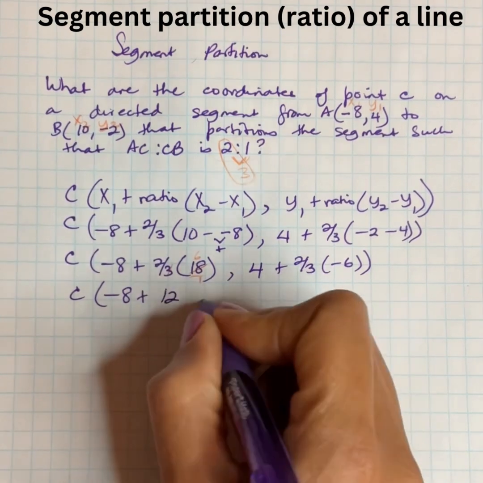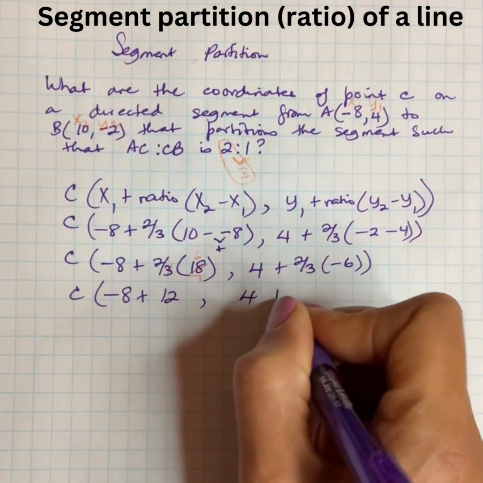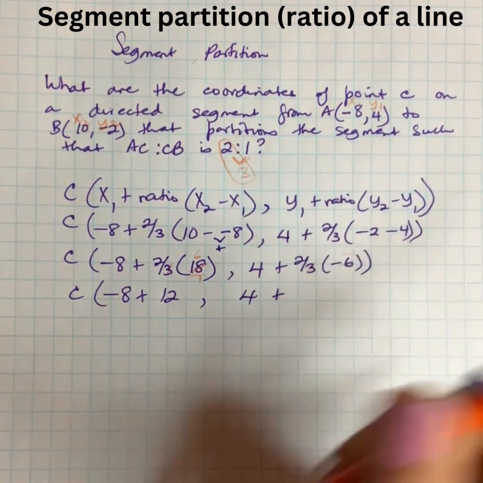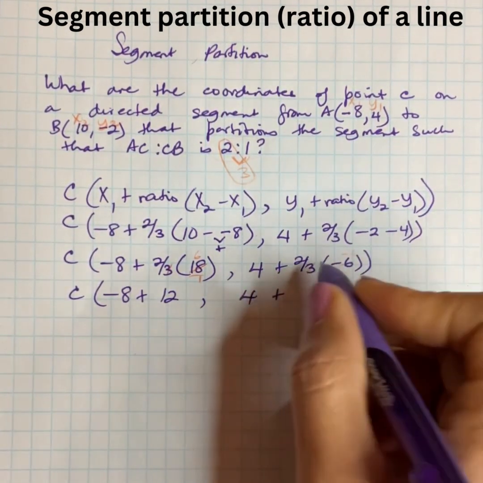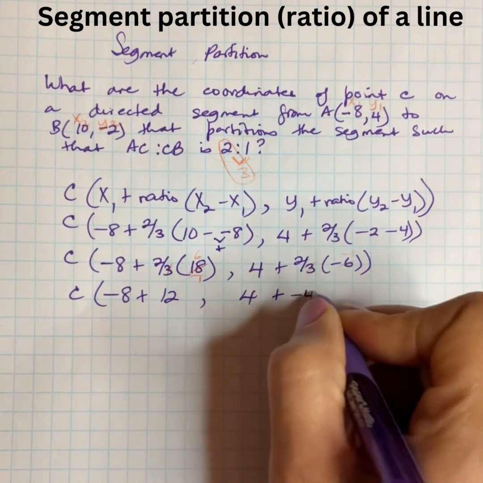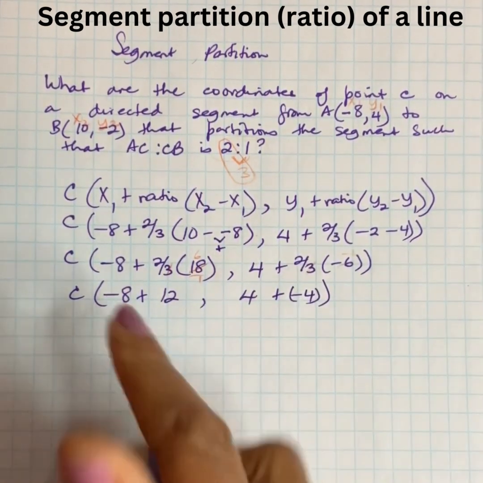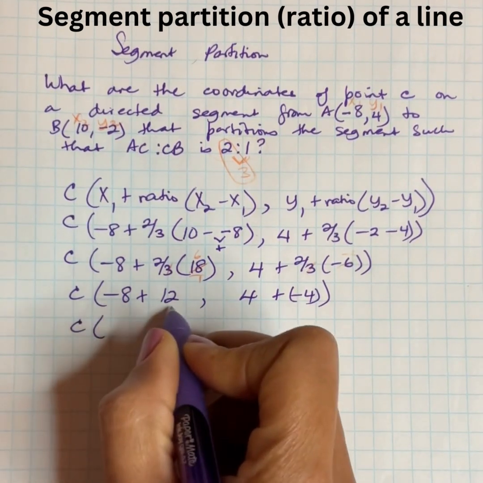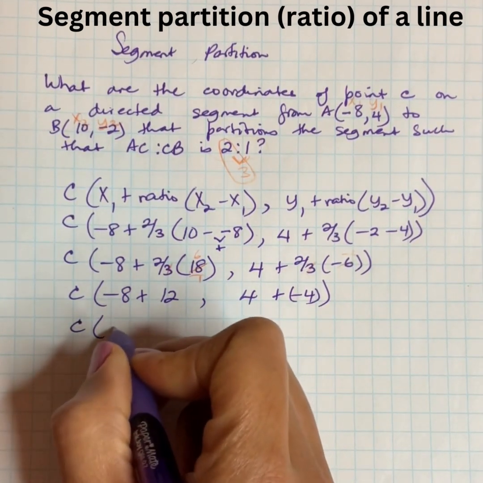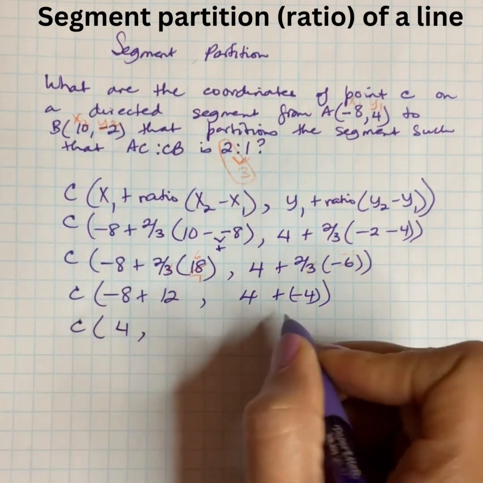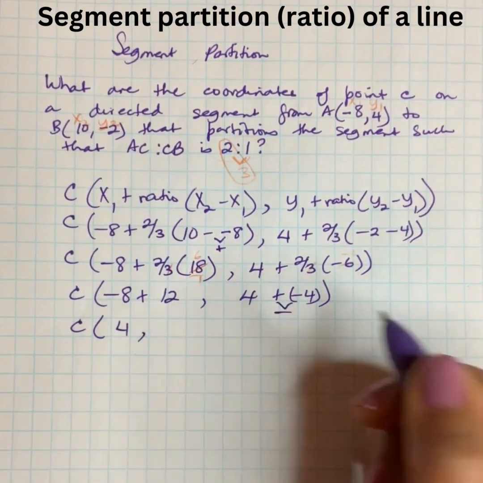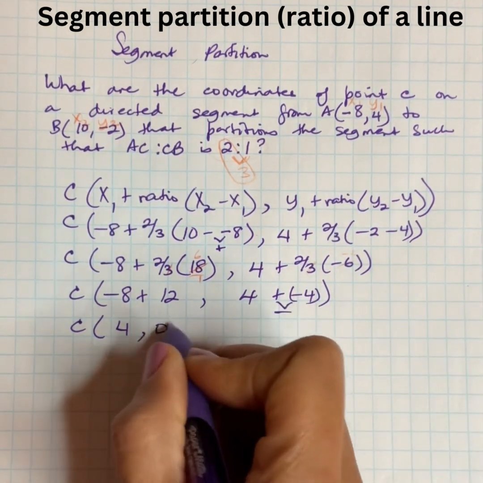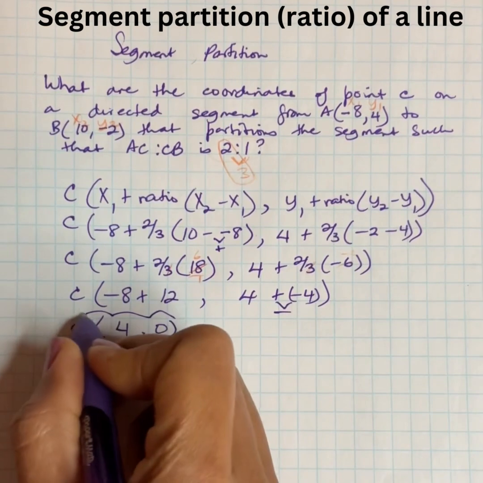All right, comma, 4 plus 2/3 of -6, which is going to be -2 up there. -2 times 2 is -4. I'm putting it in parentheses here. See, now we're doing the math. -8 plus 12 is going to be 4, and 4 minus 4 is going to be 0, and that is our answer.